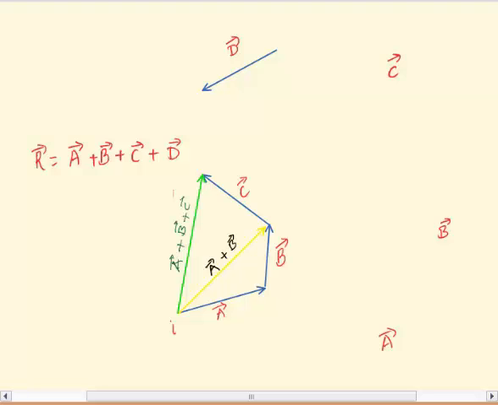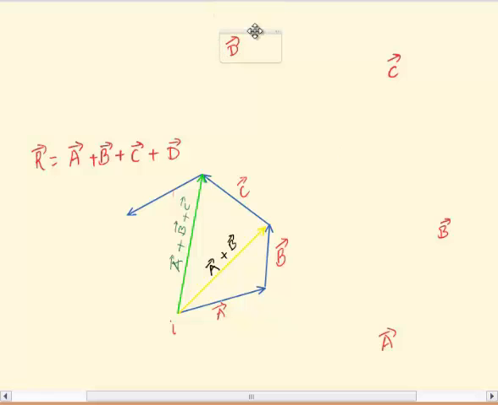Now, in order to add vector D to the sum of A plus B plus C, we again have to move vector D parallel to itself and join where C ends, or where A plus B plus C ends, like this. And this is our D vector.